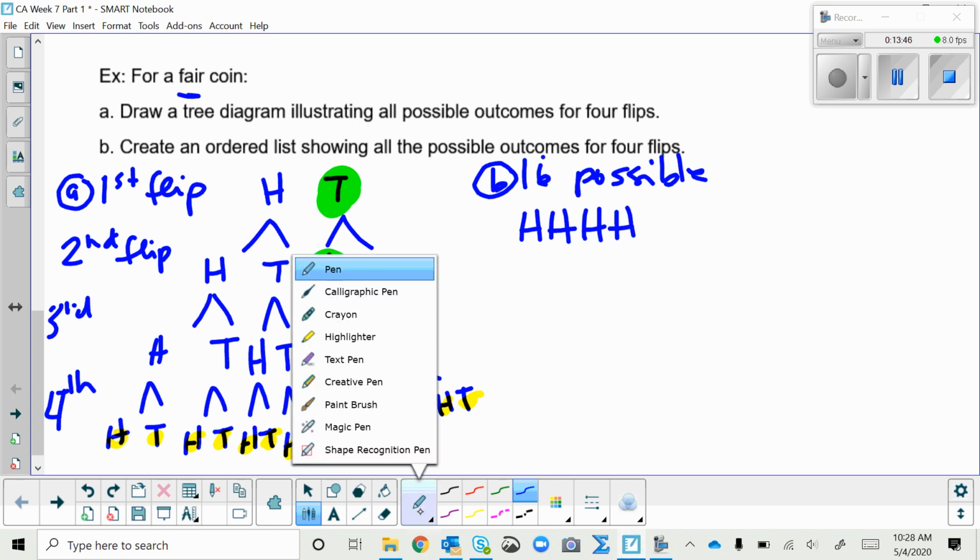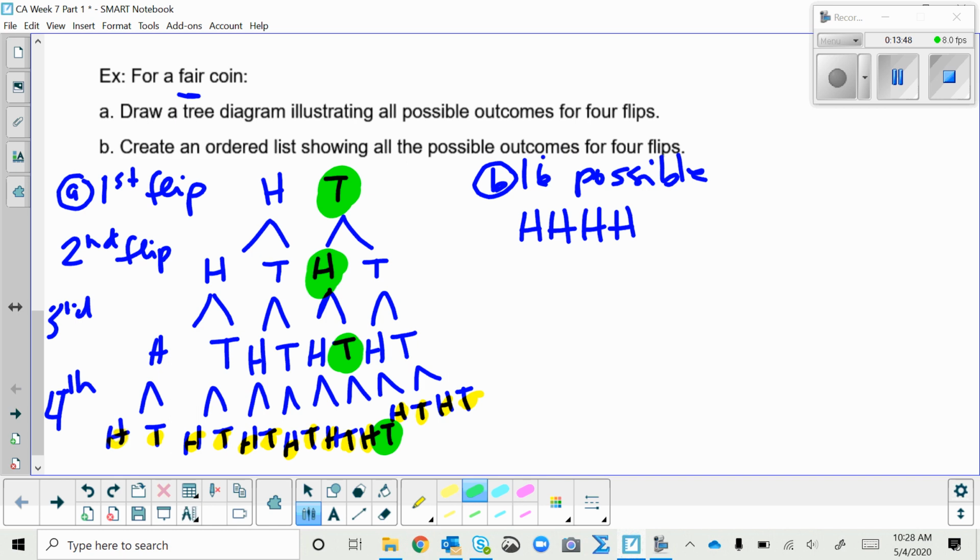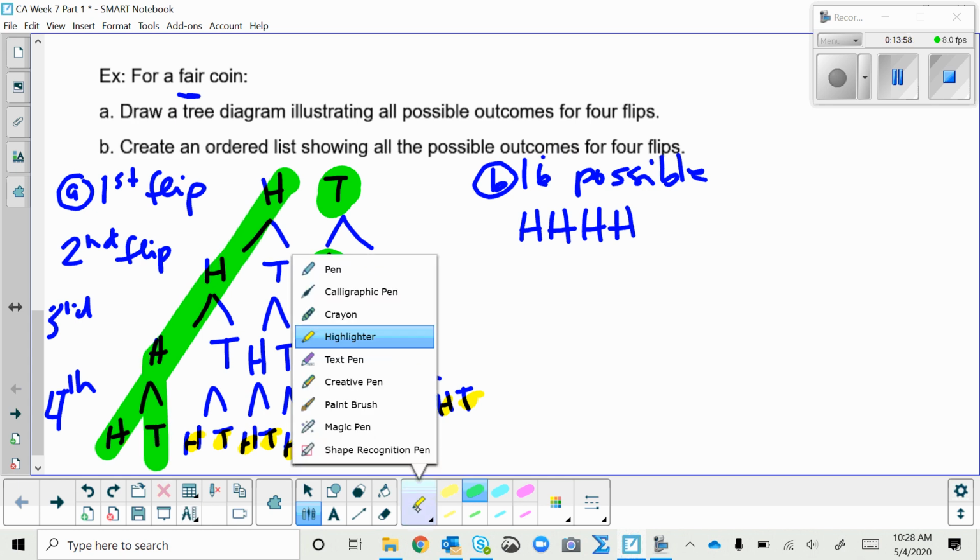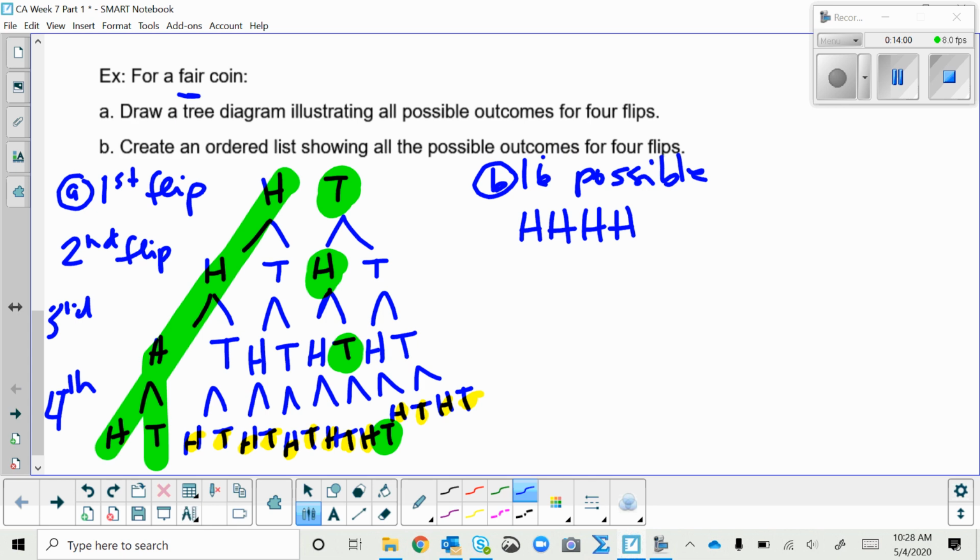That is this progression right here. But I could have gone heads, heads, heads, and then tails on the last one. And if I were to write that out, it would look like this. Heads, heads, heads, and then tails. And you can do that for every single one of the 16 possible outcomes.